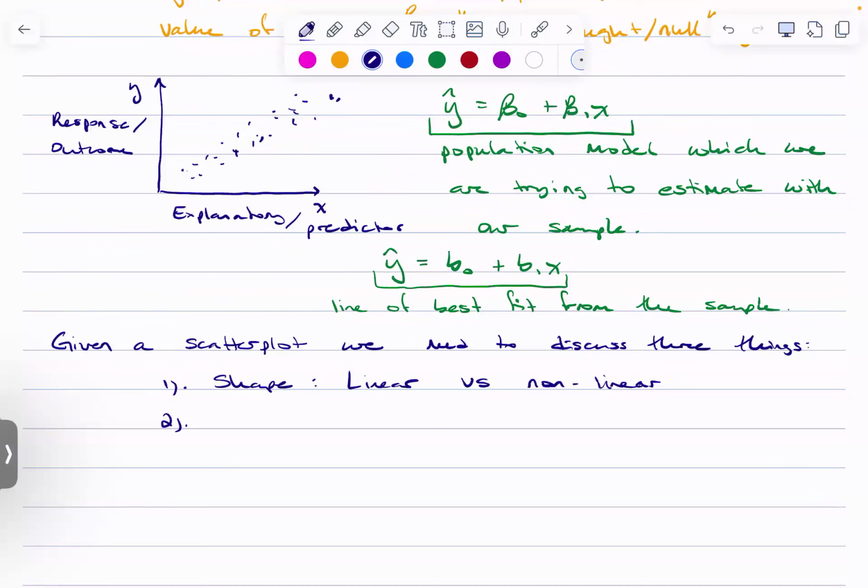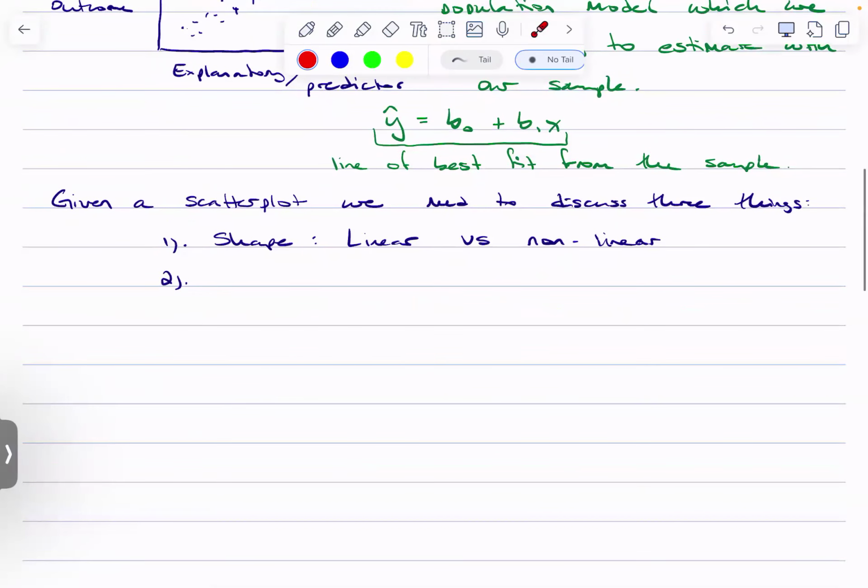Then we want to talk about the strength of this relationship. This here, I would consider a strong relationship. All these points follow the same pattern. I see this distinct pattern. We can have strong nonlinear relationships, as we'll see, but here I've got a linear strong relationship. Strong versus weak.